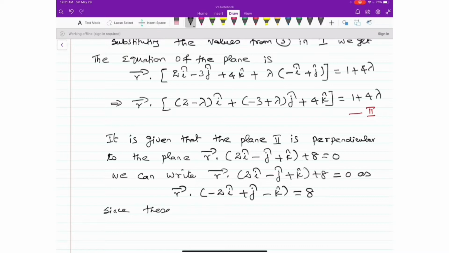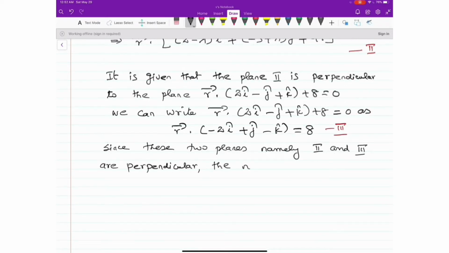these two planes, let me name this plane as 3, namely 2 and 3 are perpendicular, the normals to these two respective planes will also be perpendicular to each other.